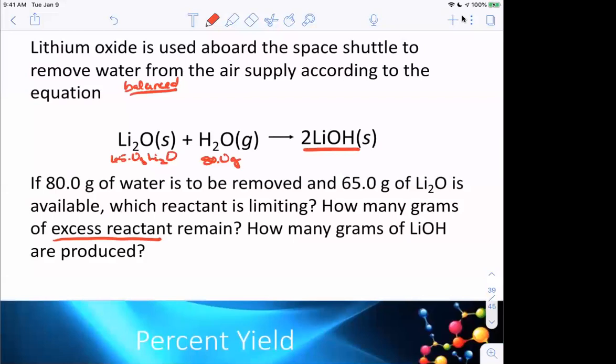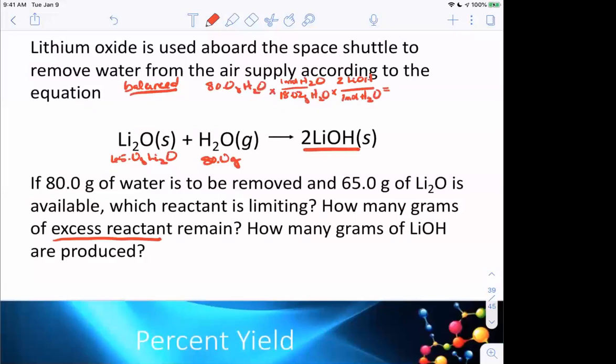So 80.0 grams of water, for every 1 mole of H2O, I have 18.02 grams of H2O. For every 1 mole of H2O, I can make 2 moles of lithium hydroxide.